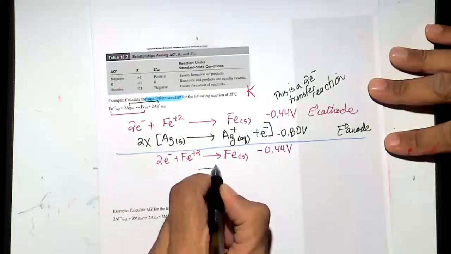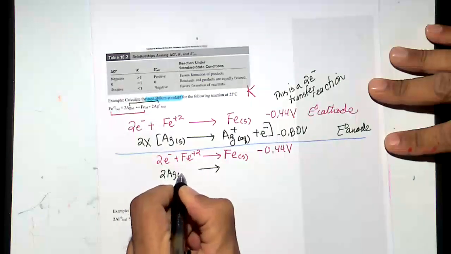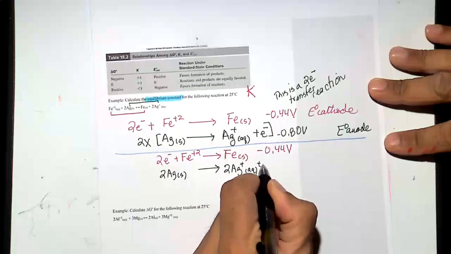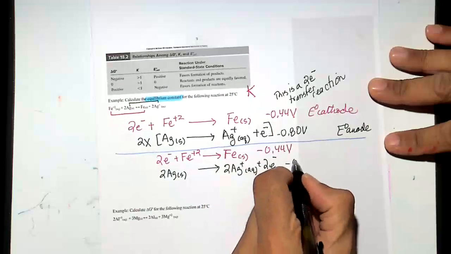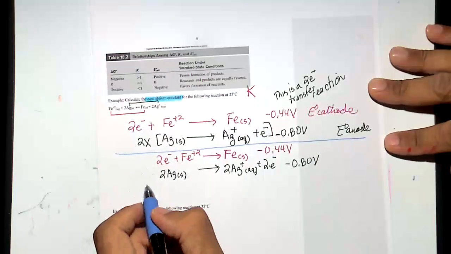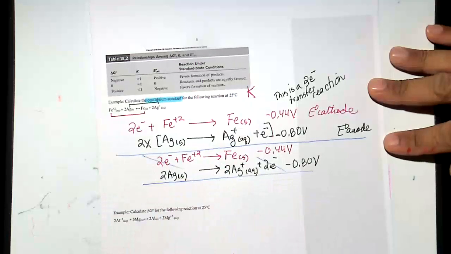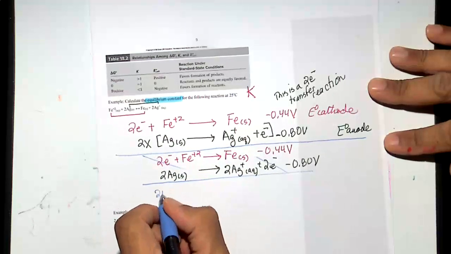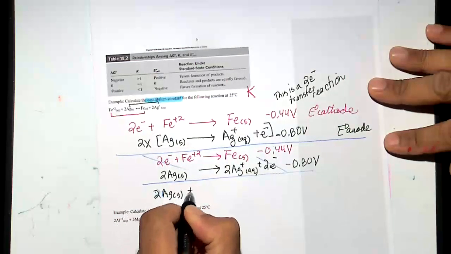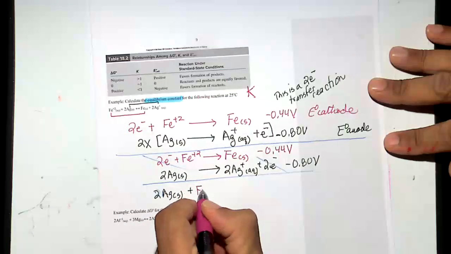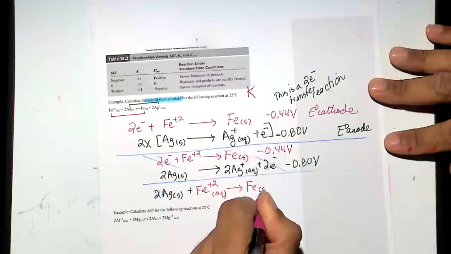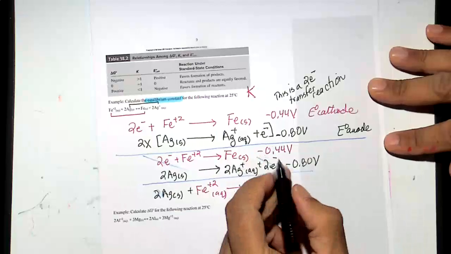This is 2 Ag solid going to 2 Ag plus plus 2 electrons. That is negative 0.80 volts. And then the 2 electrons will cancel. And we have 2 Ag solid plus Fe plus 2 going to Fe solid plus 2 Ag plus.